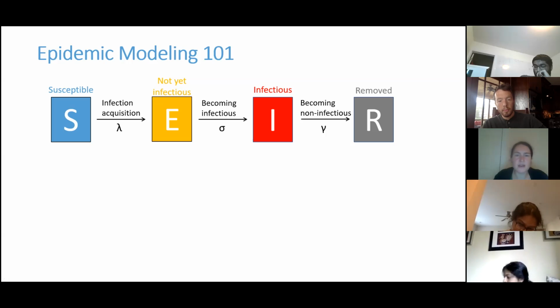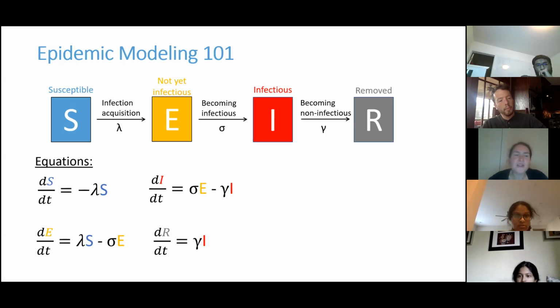So this is a common representation of how we would model certain types of infectious diseases in a population. And then for this specific framework, we write equations. One equation per compartment describing the rate of change in the numbers of people, and I won't go too far into the weeds here, in each compartment over time, as a function of these transitions that are bringing people from one compartment to another.